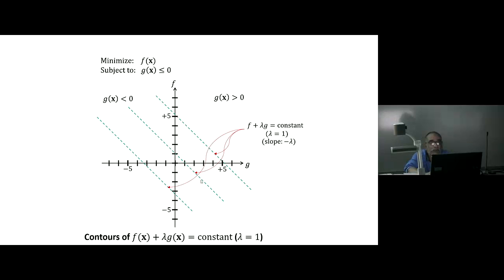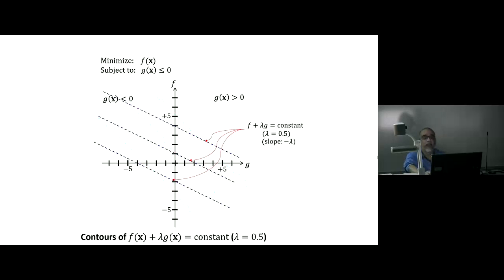This dotted line here corresponds to f plus lambda g equals 1, and so forth. This corresponds to lambda equals 0.5. The slope is negative lambda, and again you can read off the values of the constant from the y-axis.